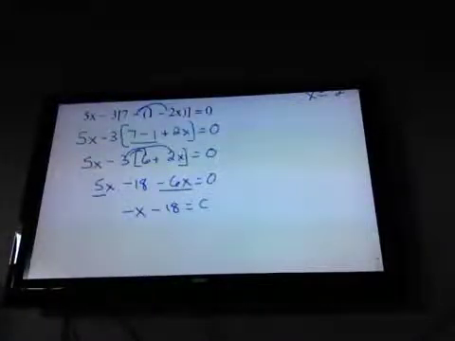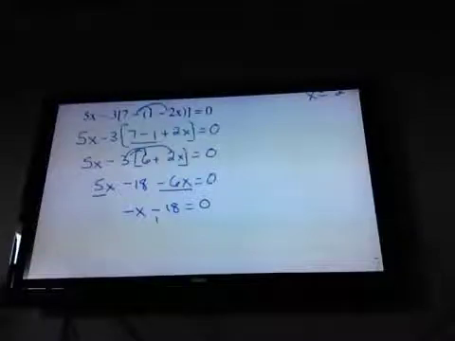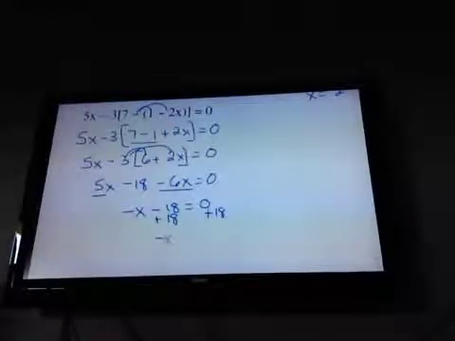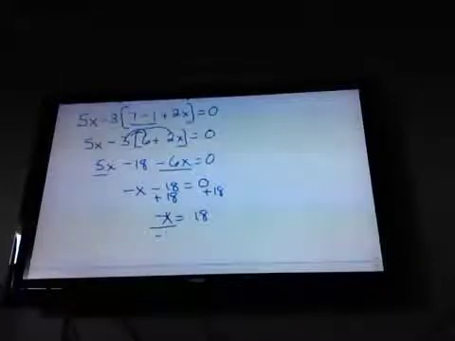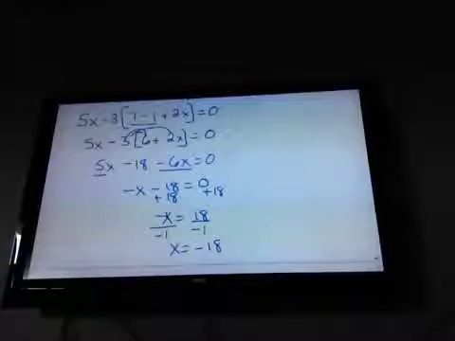Minus 18 equals 0. I like x's on the left, so I'm going to leave it there. I'm going to add 18. So -x equals positive 18. And then divide by -1. And then -18 is not.